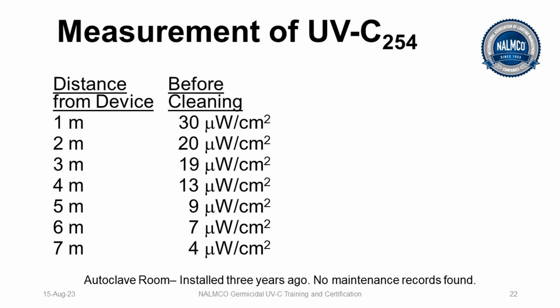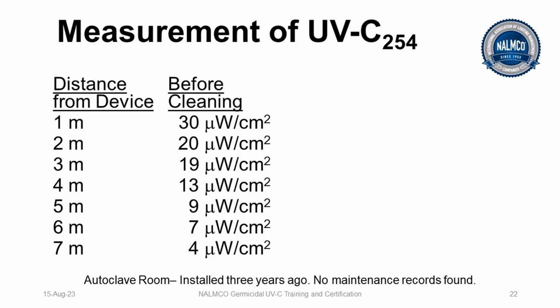Our witness point before cleaning at 1 meter shows a reading of 30 microwatts per square centimeter. And that's relatively low, being that close to a fixture. So we knew for sure it wasn't emitting much. It could be the fixture design is not efficient, or it could be that the lamp reflectors were very dirty, or a combination of both.